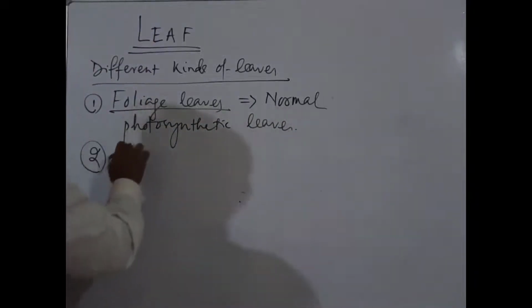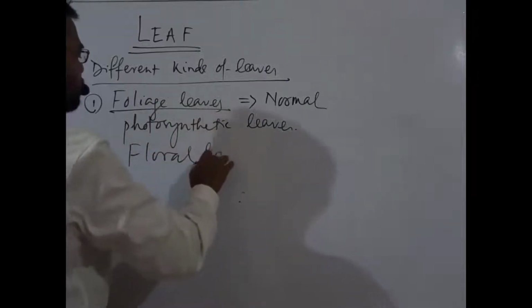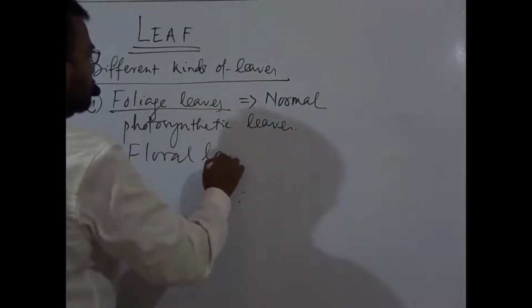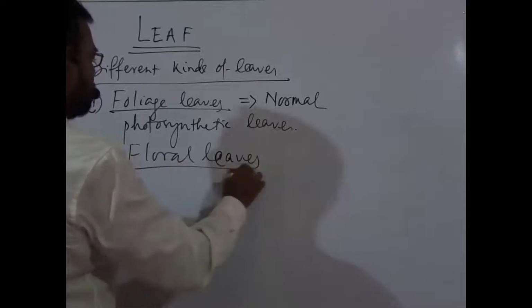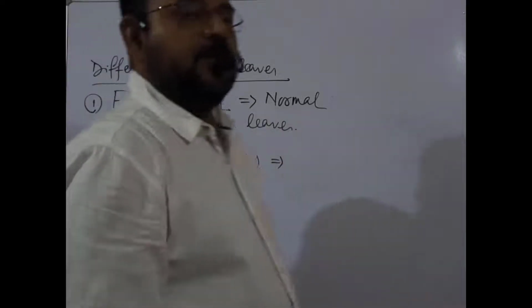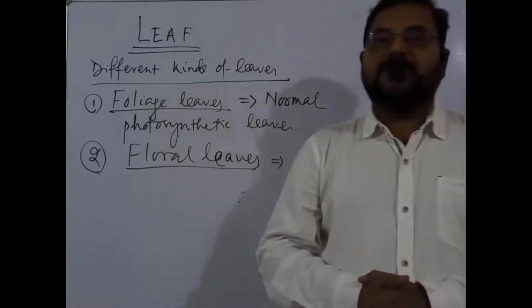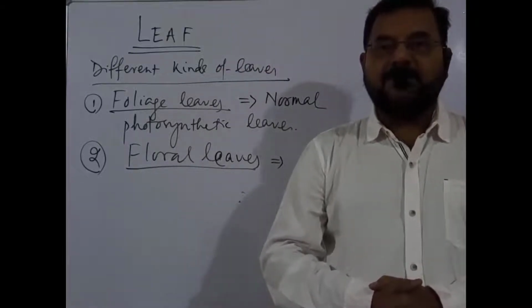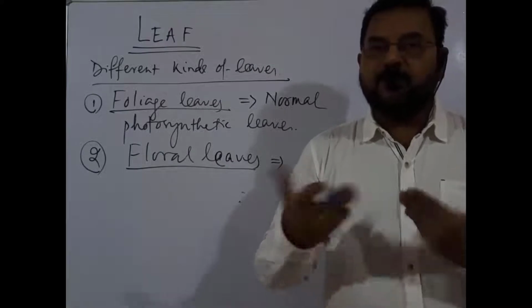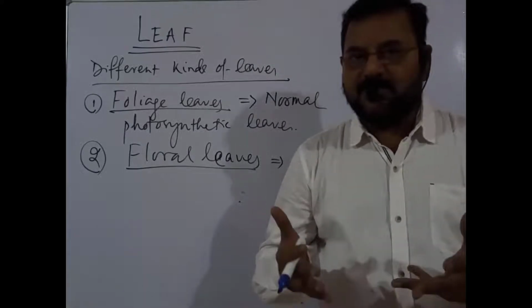Some leaves are known as floral leaves. All of you know about the parts of the flower, that is the calyx or sepals, petals, stamens and carpels. A flower is a modified shoot, that means a modified branch.